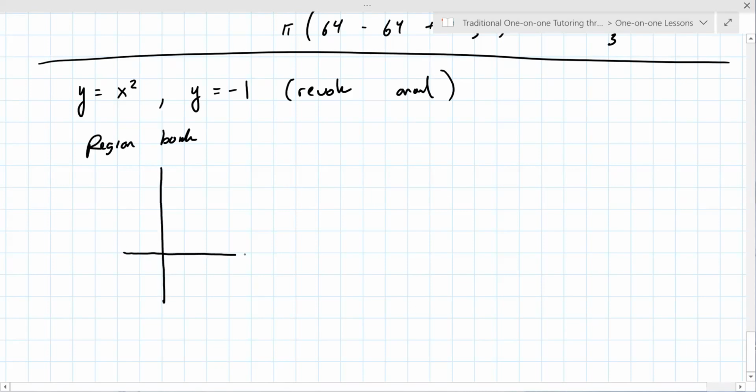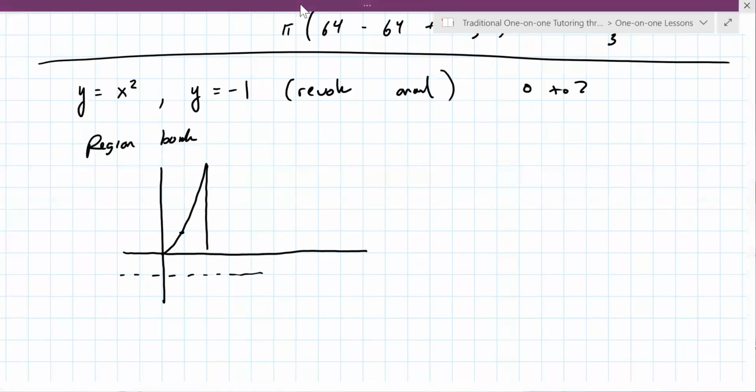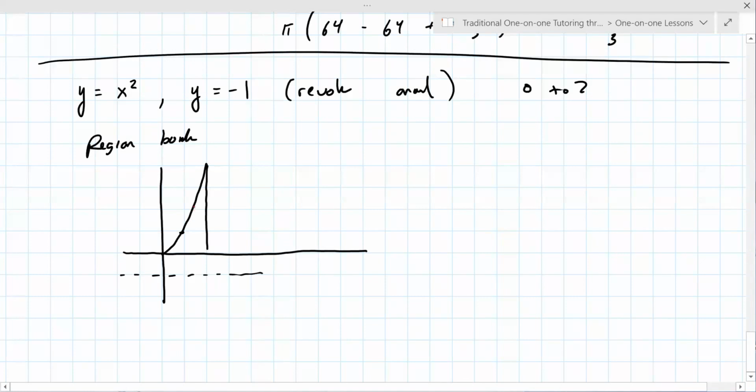In short, it's this curve. We'll just go from 0 to 2. And you're used to this being your radius right here, which is y, which is x squared. But now we're tacking on a little bit.